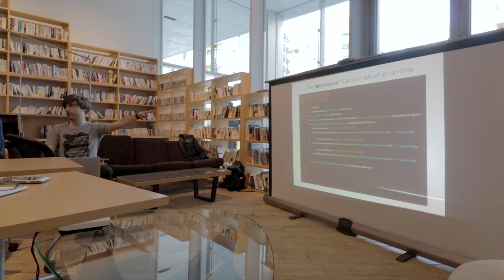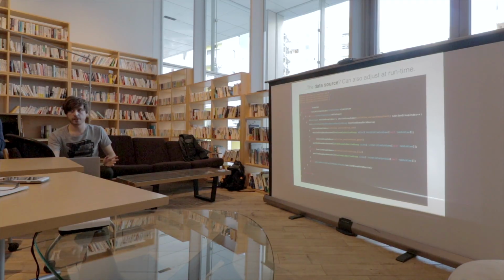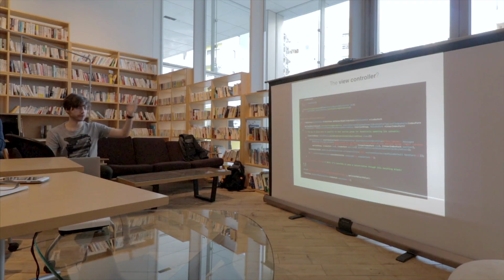And you can also adjust this at runtime, so you can dynamically insert and remove section groups, which I do. And then the view controller is super simple. You just point to the data source, which has all the section groups in it.